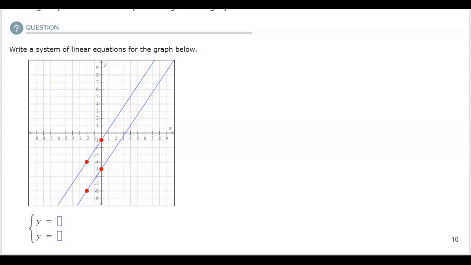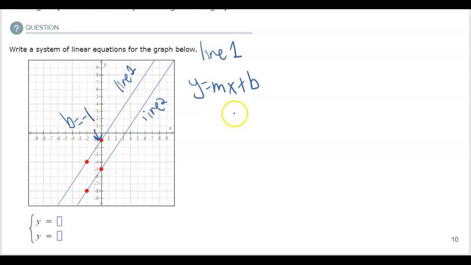Okay, so it wants us to graph these 2 lines. We're going to call this line 1, line 2. So for line 1, I need y equals mx plus b. I see that because of this, my b equals -1, which is awesome. Now I'm going to think of how much I rise and how much I run.